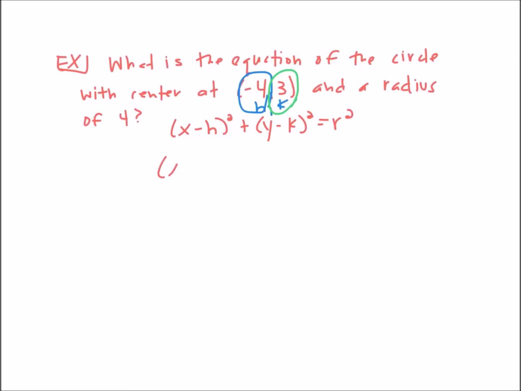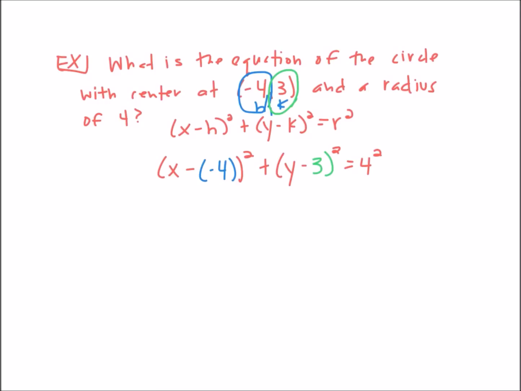So we have x minus h, which in our case is -4, and that is all to the second power, plus y minus k, which in our case is 3. And again, that is all to the second power. r is our radius. So we plug in our radius that we're given of 4, and that's squared.